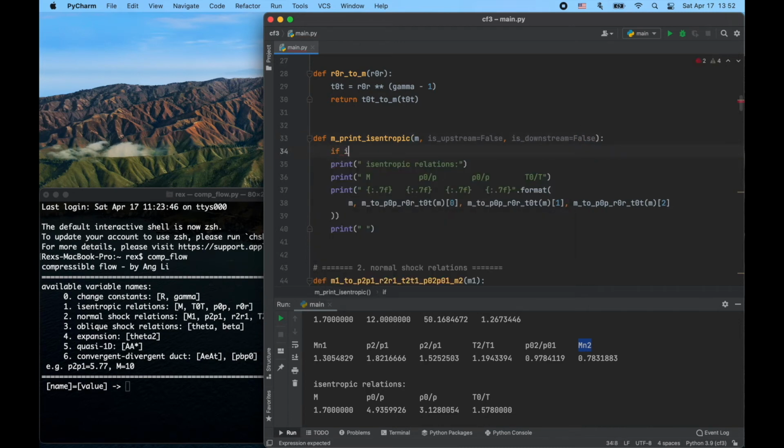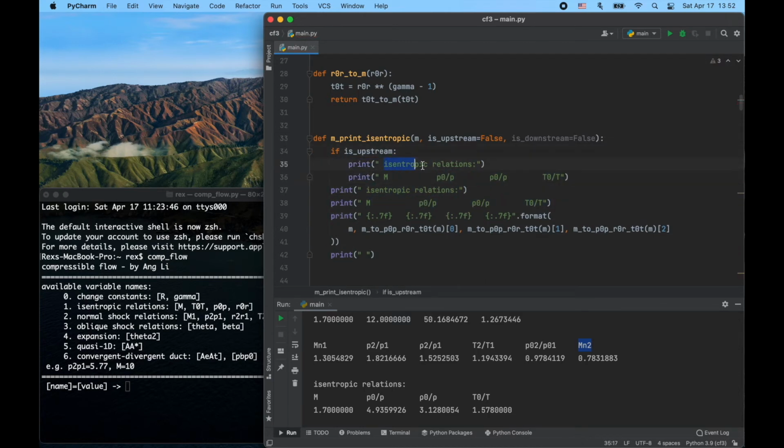So if this one is upstream, what is it going to print? It's going to print this is upstream. And this one is M1, PO1 over P1, rho O1, rho over rho 1, PO1 over T1.